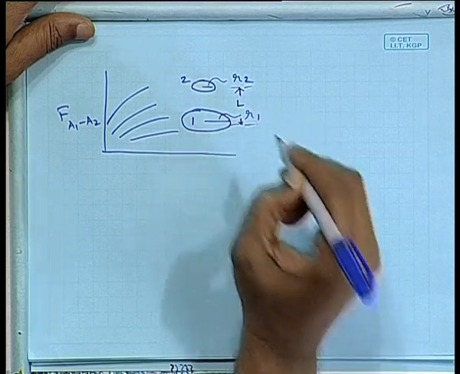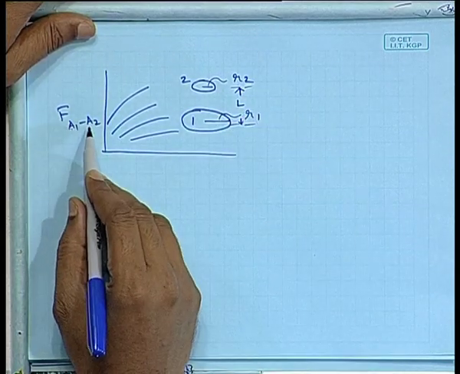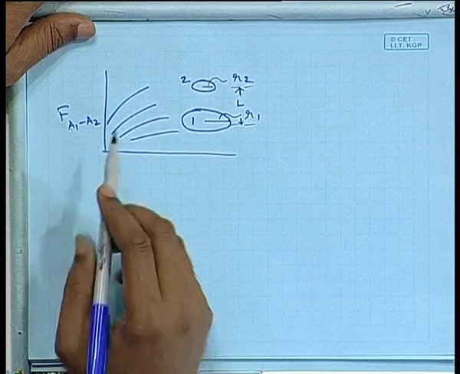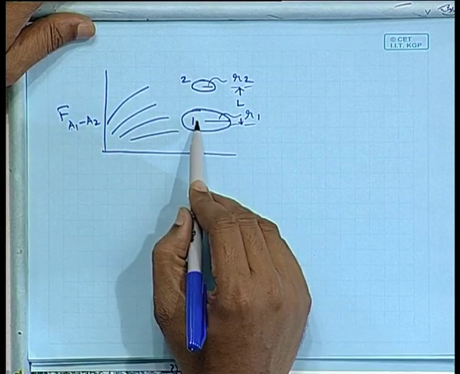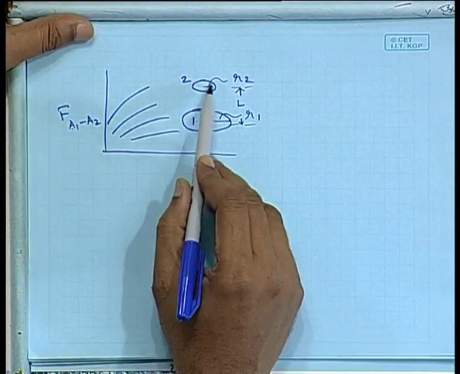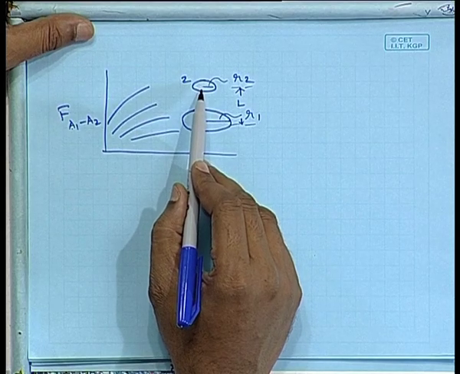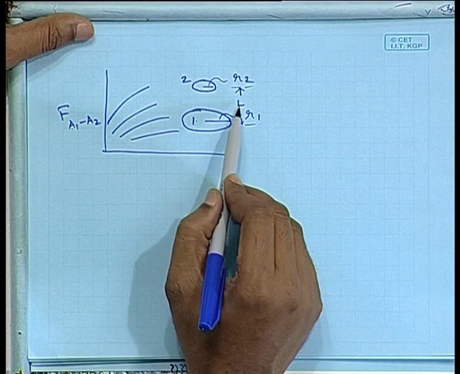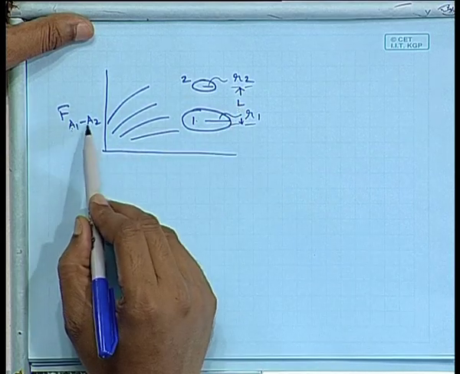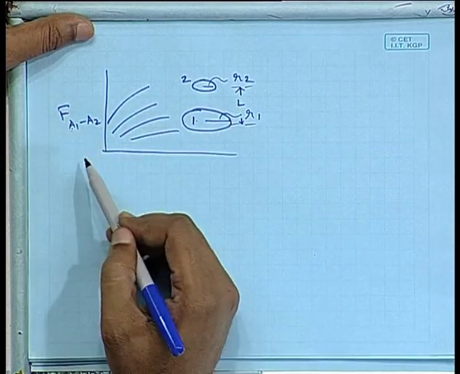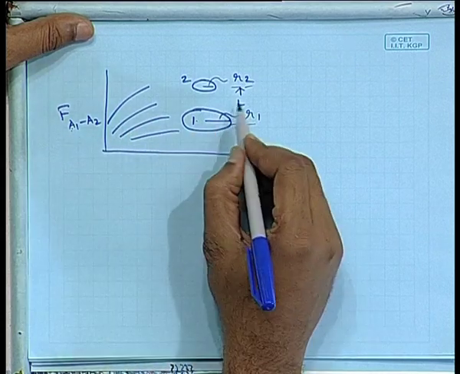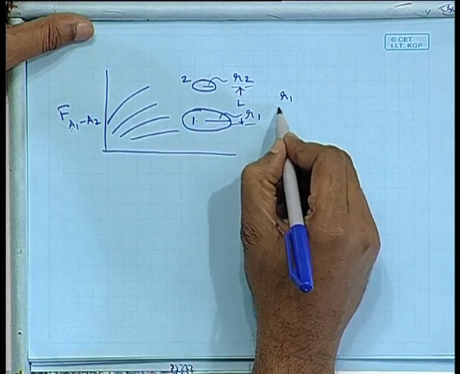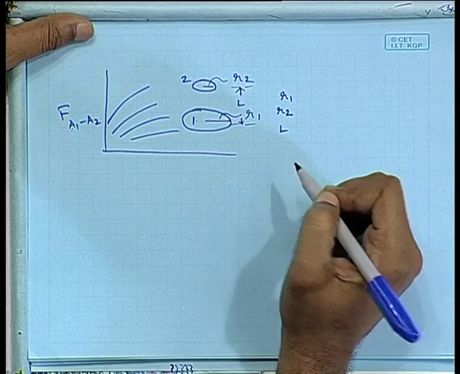So, what would F A1 to A2 depend on? A1 is this surface, circular, A2 is another circular shaped object. L is the distance between the two. So, what are the physical things that F A1 to A2 would depend on? It would definitely depend on R1, R2 and the distance between the two.